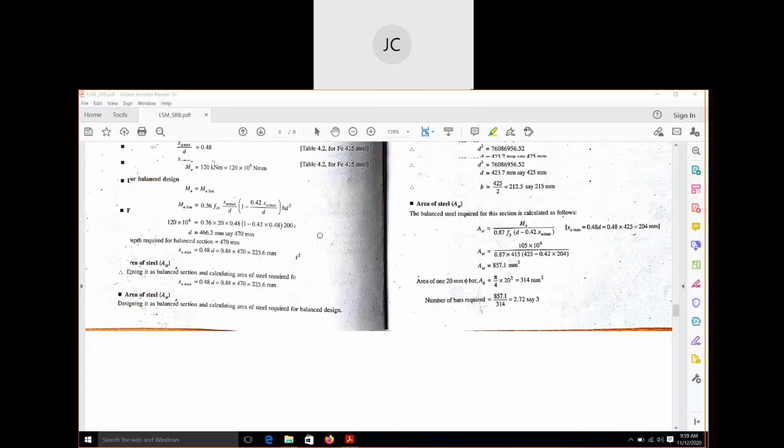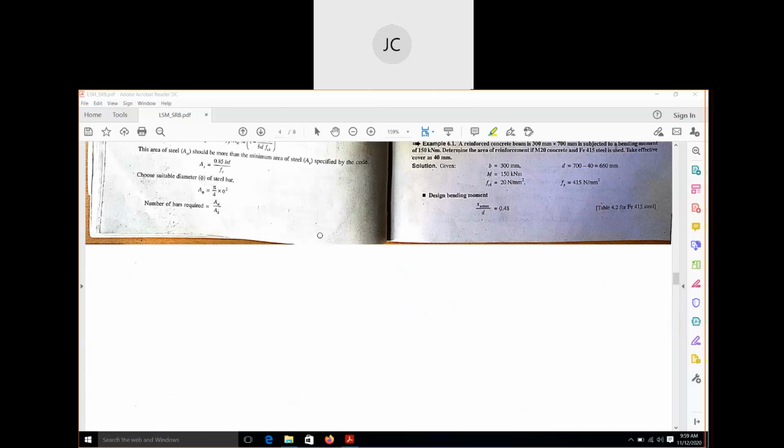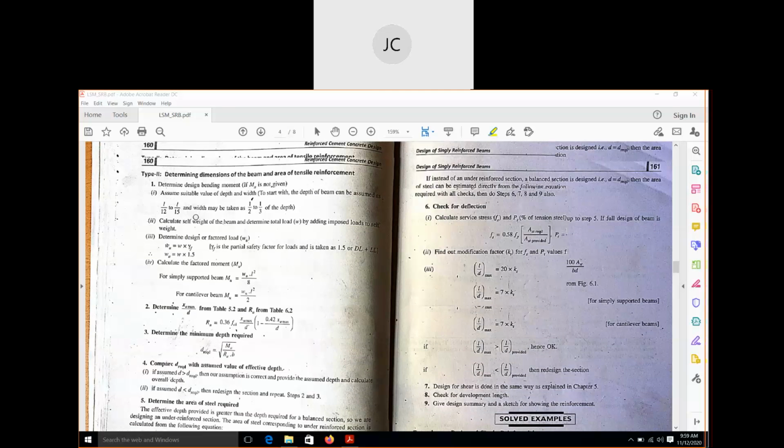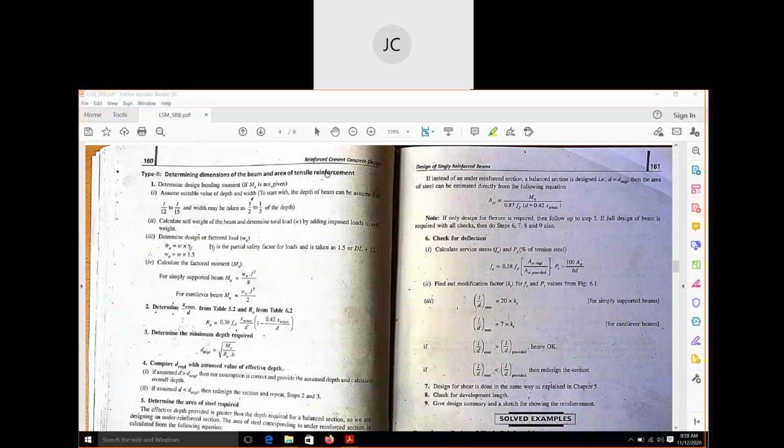Just go through the notes before the numericals. You can see here, determining the dimensions of the beam and area of tensile reinforcement. Can you see this page in the PDF?